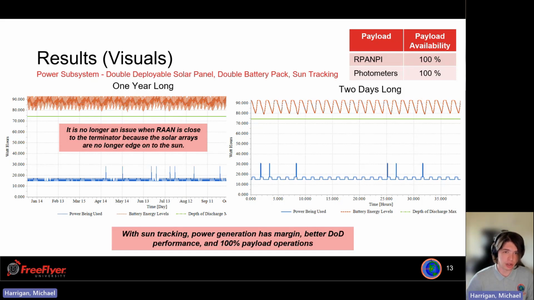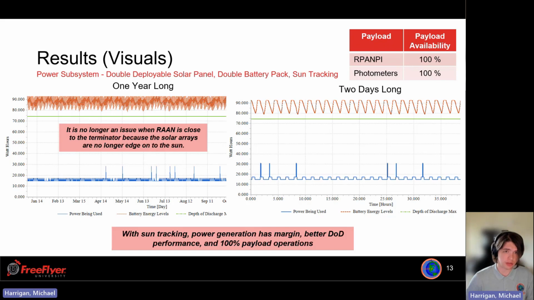You can see in both images we're well above the depth of discharge, and payload operations and bus operations remain at 100%. So for the power subsystem, we decided to write the requirements that we need.